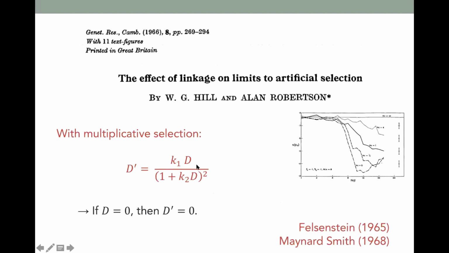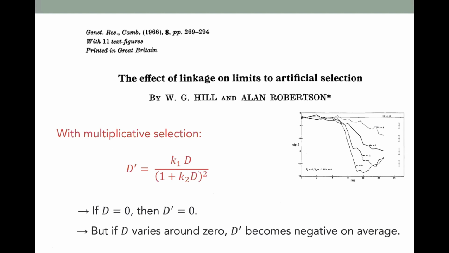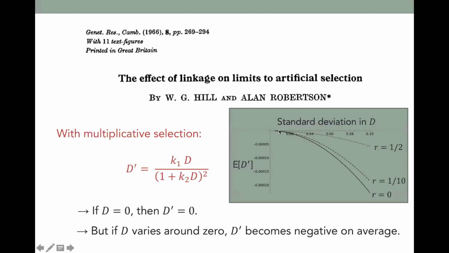So this shows that if there's no linkage disequilibrium to start with, then it will stay 0, just like Maynard Smith pointed out. But if there's variation in disequilibrium, this is a nonlinear function. So we're not going to see the same effect in the next generation of variation in disequilibrium. And indeed, we find that if there's no disequilibrium to start with, then in the next generation, the expected amount of disequilibrium is negative.